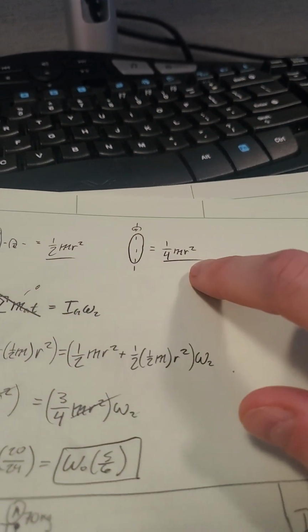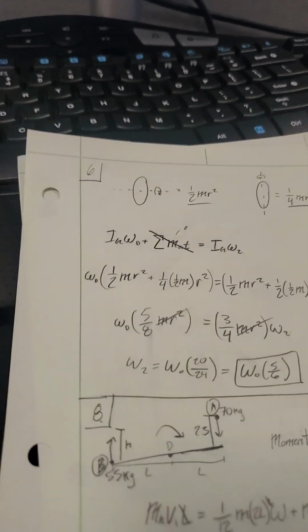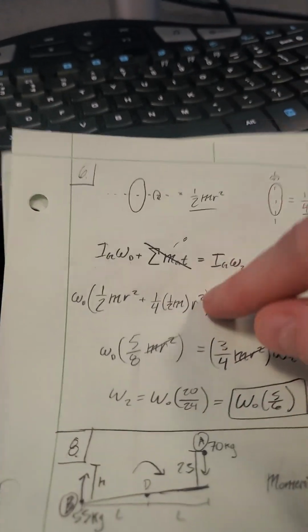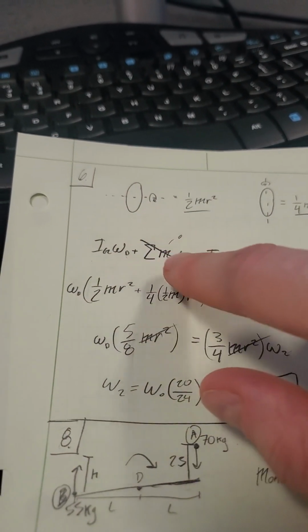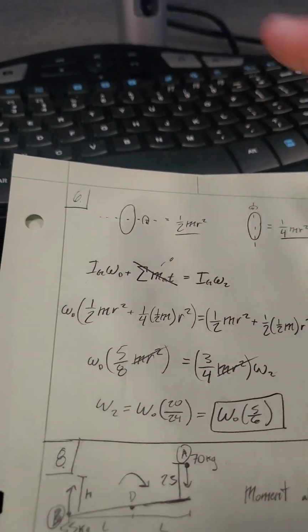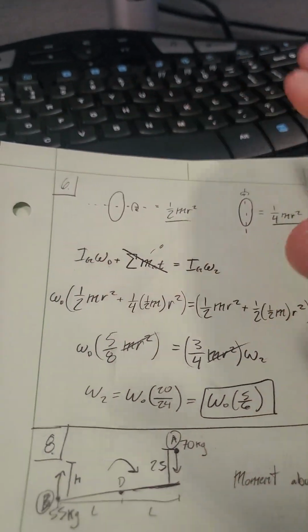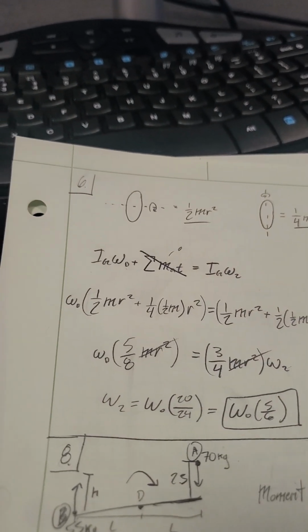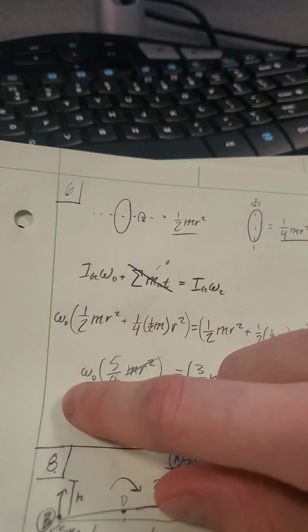So the mass moment of inertia for that is 1/4 mr squared. And we can just plug all these into our conservation of angular momentum equation. So we know that there's no external moment occurring. The only thing that's changing is the mass moment of inertia. So we can plug all these in.